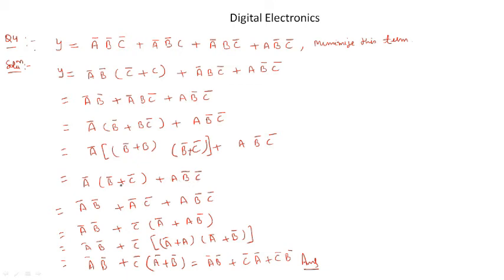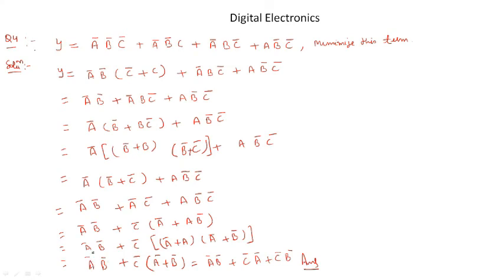So when you multiply it, it becomes a bar b bar plus a bar c bar plus a b bar c bar. Now in the last two expressions, you see that c bar is common, so you can write c bar in bracket (a bar plus a b bar). Here again you can use the distributive law, so it will be written as (a bar plus a) dot (a bar plus b bar).